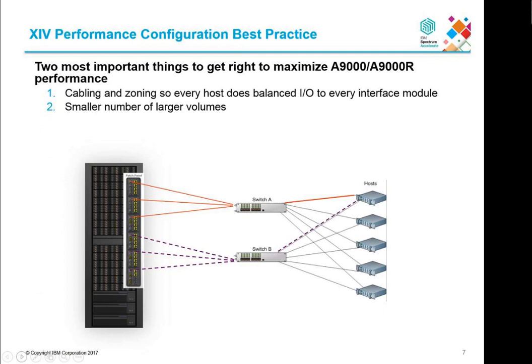I also do want a smaller number of larger volumes. With lots of other storage, especially RAID-based storage, you've got to have a higher number of smaller volumes because of the RAID set underneath and its limitations. I don't have a RAID set per se in the grid architecture.